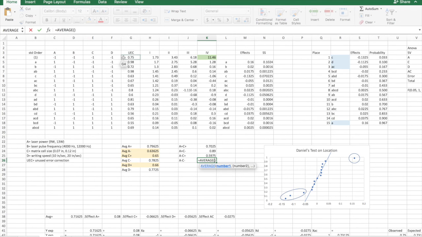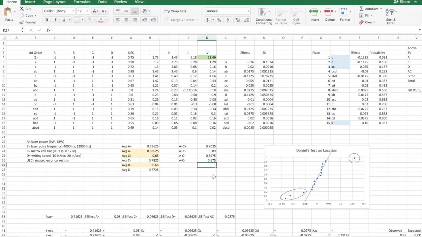So for example, in here, neither A nor C appears. In here, neither one. A in here, and in here.